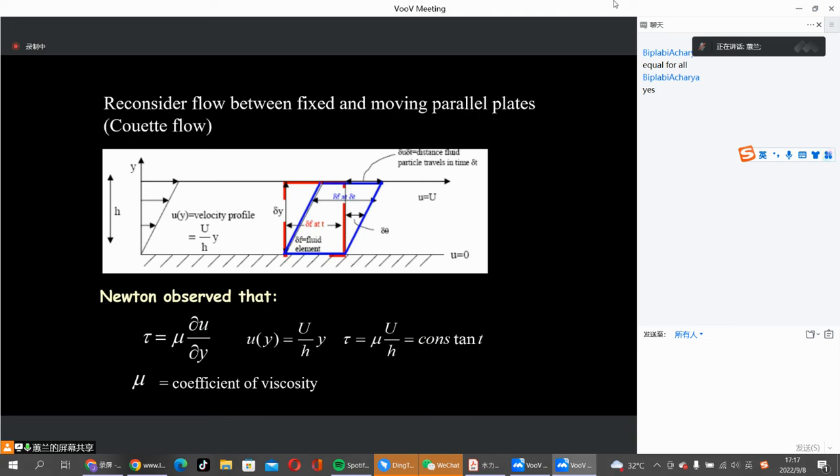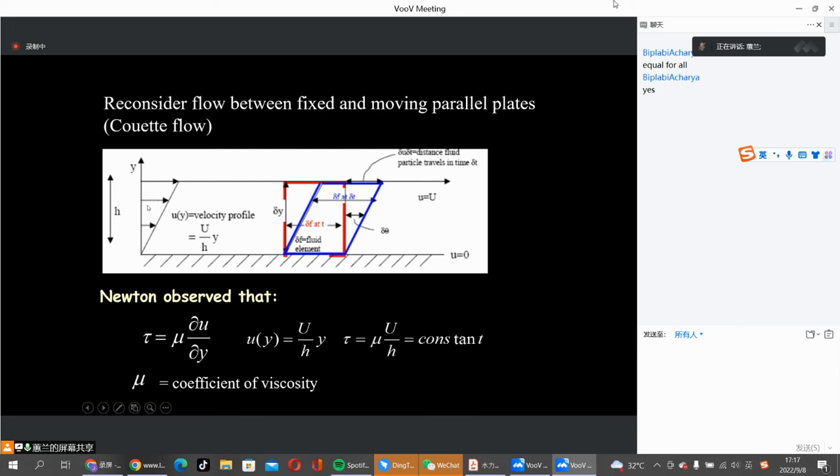Again, because of the no-slip boundary condition for viscous fluid, the fluid in contact with the lower plate will have zero velocity, and the fluid in contact with the upper plate will have the velocity equal to u, and the velocity profile is linear and is a function of y only.